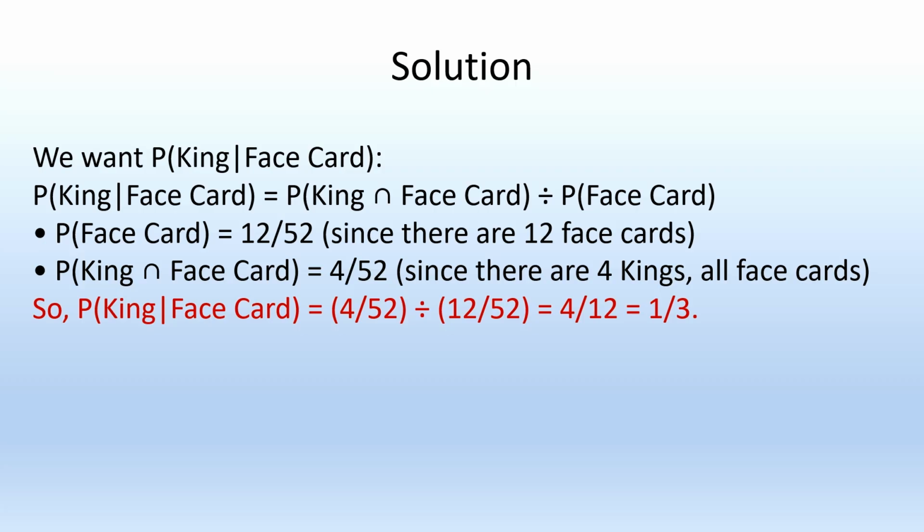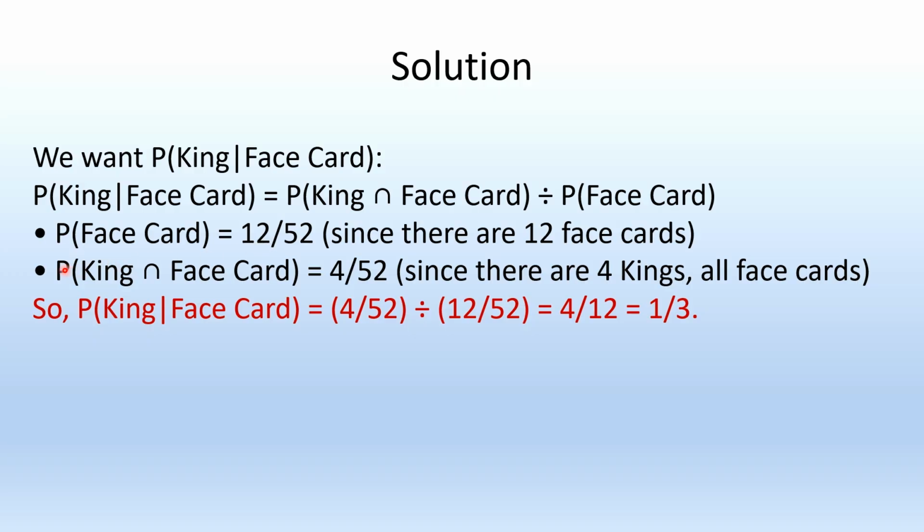So what we want to know is the probability of a king given that we have a face card drawn. So the probability of a king given a face card is equal to the probability of a king intersection a face card, divided by the probability of a face card. So let's calculate these probabilities. The probability of a face card is 12 divided by 52 because we know that there are 12 face cards in a deck of 52 cards.